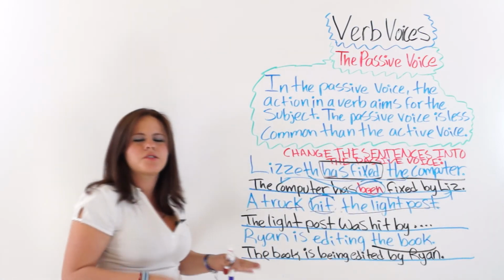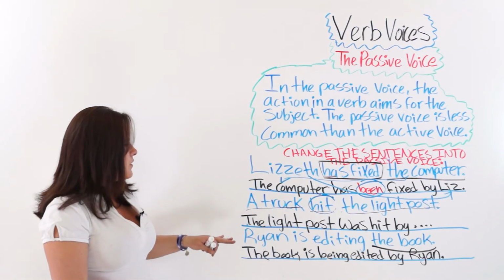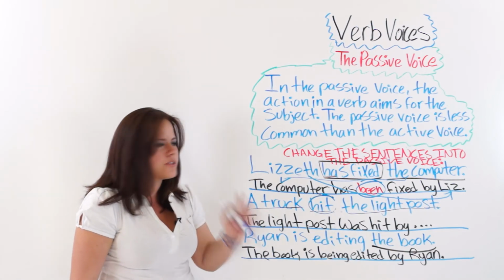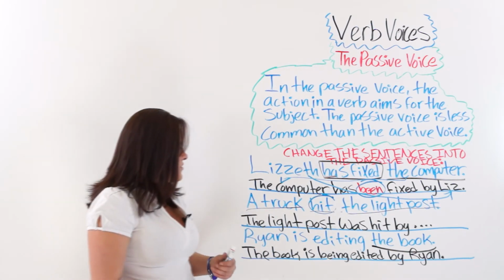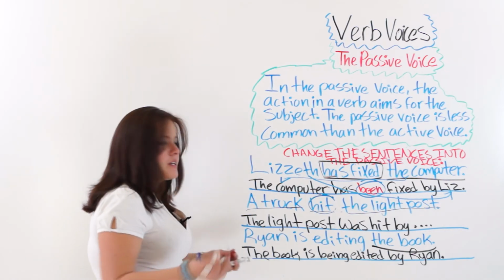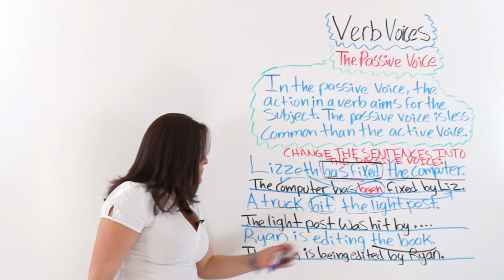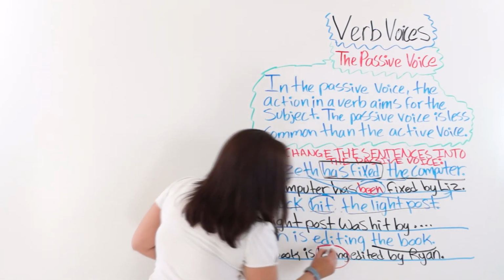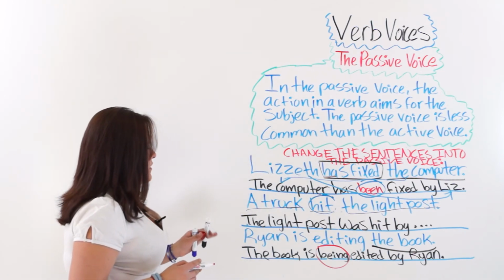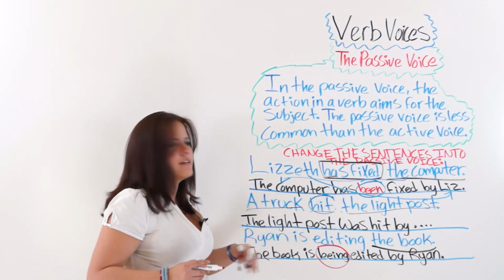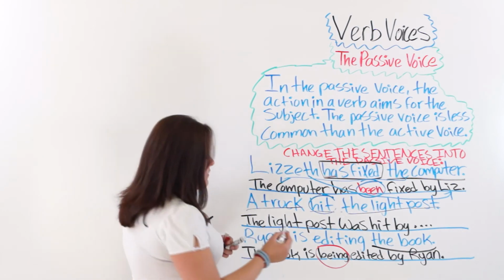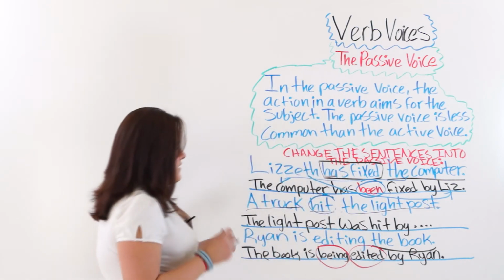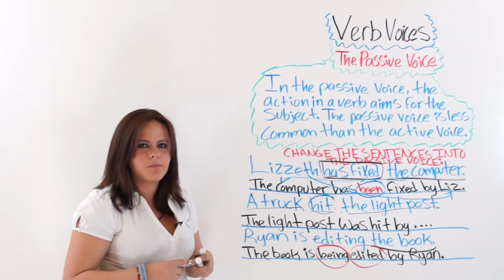All right? So as you can see, I inverted the order of the subject, verb, object. Now it's object, verb, subject. All right, so as you can see what I did here, because it is the present progressive tense, I added the progressive form of the verb be. The book is being edited because the verb that you use in the passive voice must always be in past participle form.